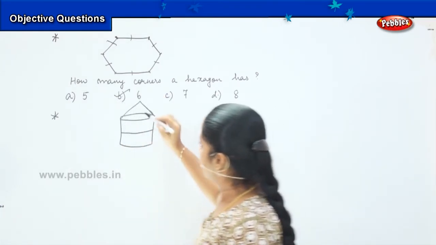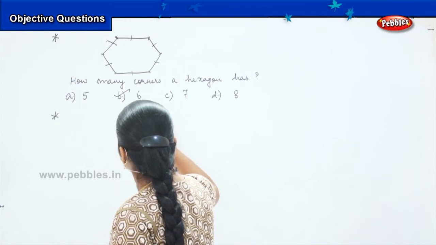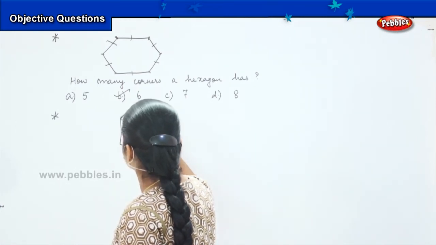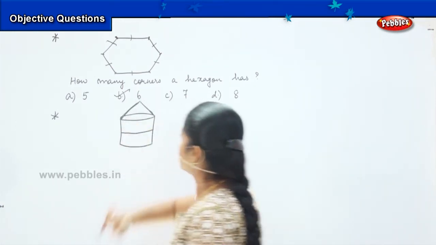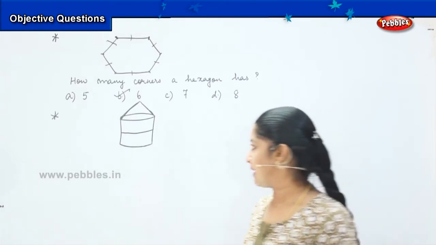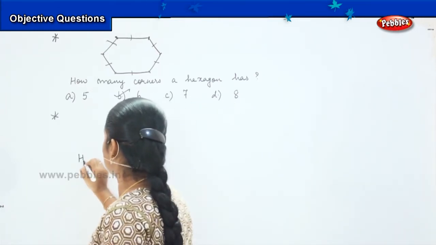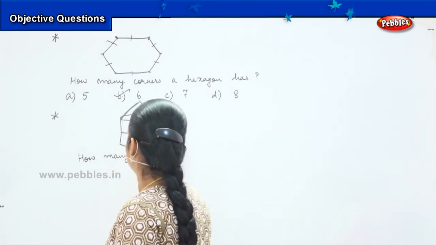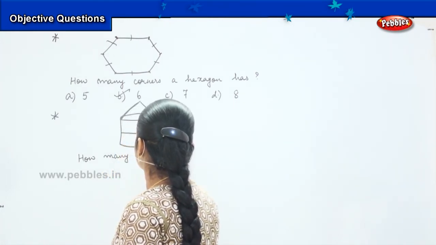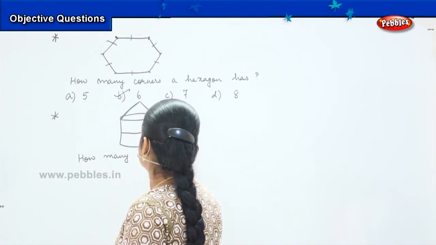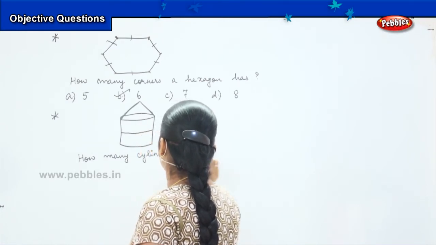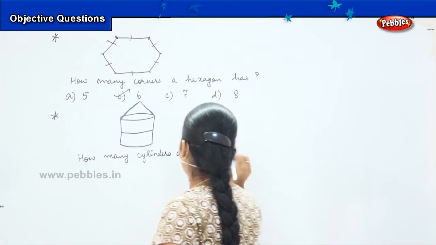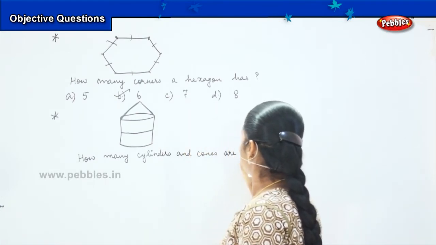So again, this is a combination of a cone and a cylinder. Can you see it? Yes. My question is, how many cylinders and cones are there in this picture?